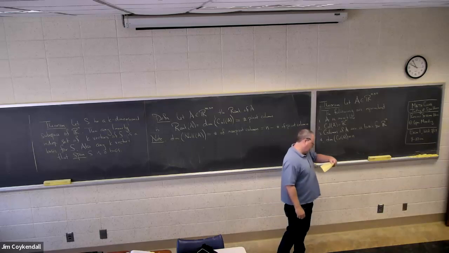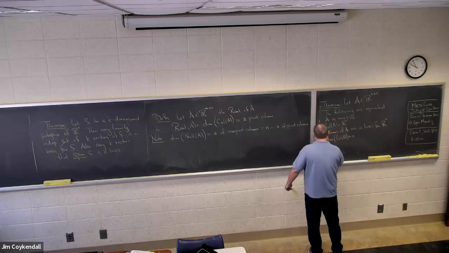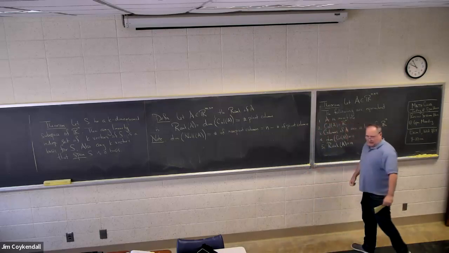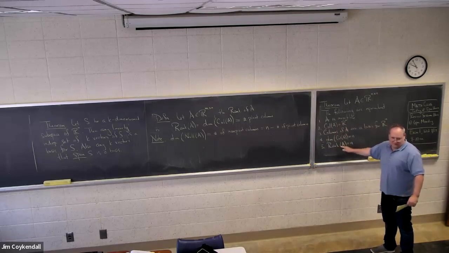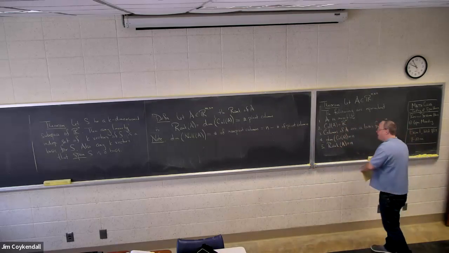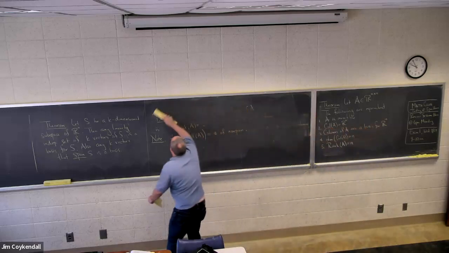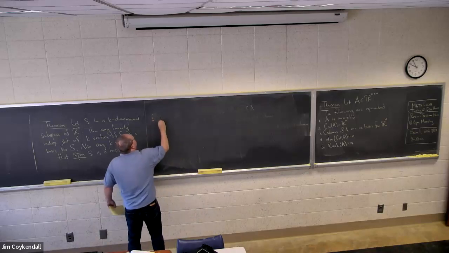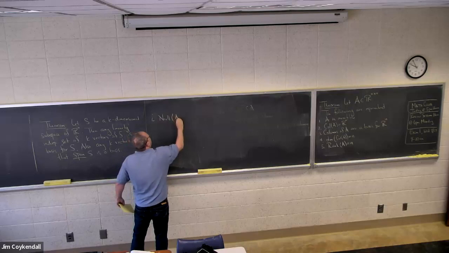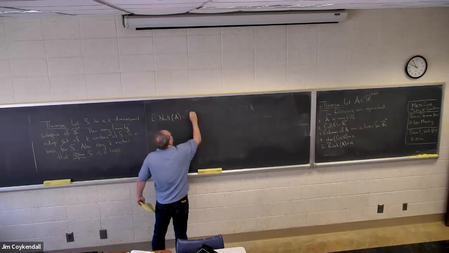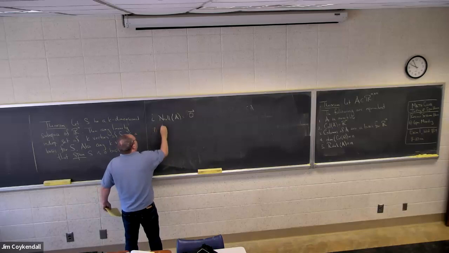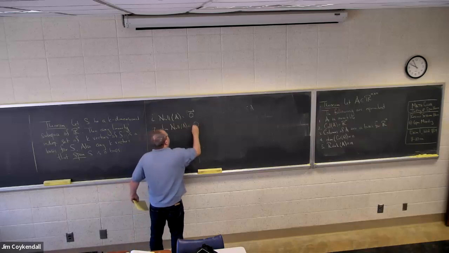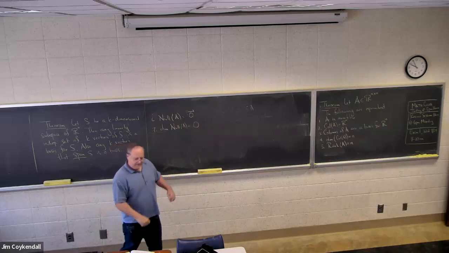No surprises there either, I don't think. 5, rank A is equal to n. And David might want to complain about this because this is the same thing, right? This is just terminology. And 6, the null space of A is the 0 vector, and 7, the dimension of the null space of A is equal to 0. And that's that.